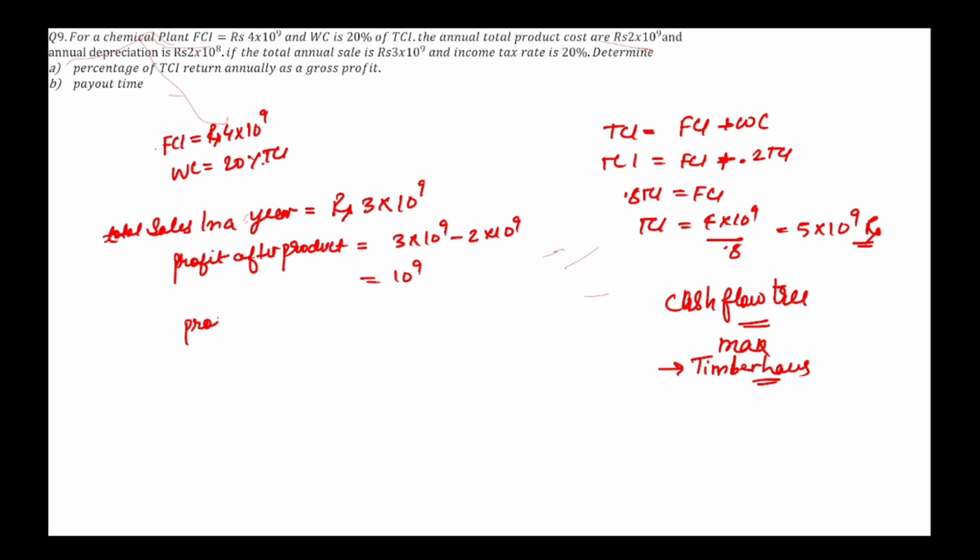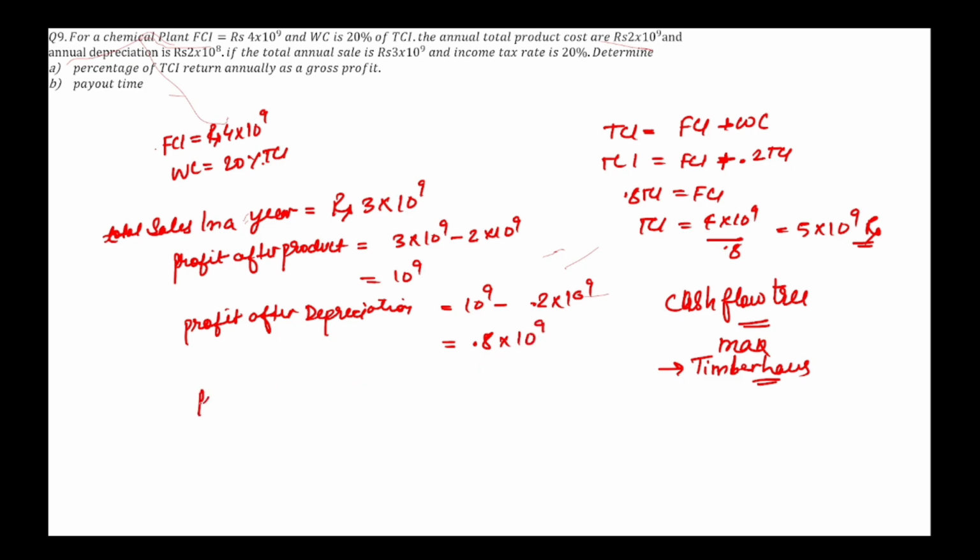Profit after depreciation will be equal to 10 to the power 9 minus depreciation, which is 2 into 10 to the power 8, 0.2 into 10 to the power 9. Okay, so 0.8 into 10 to the power 9 is remaining.